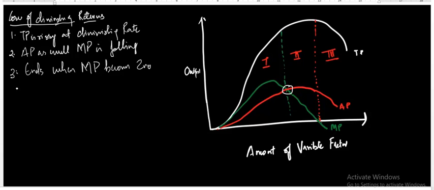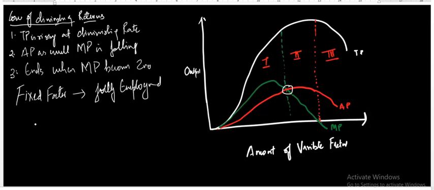Now in this case, why does the production increase at a diminishing rate? It is because the fixed factor, in our example a machinery, is fully employed. Whatever is the capacity of this machinery, the amount of labor that can be employed on it has been fully utilized.